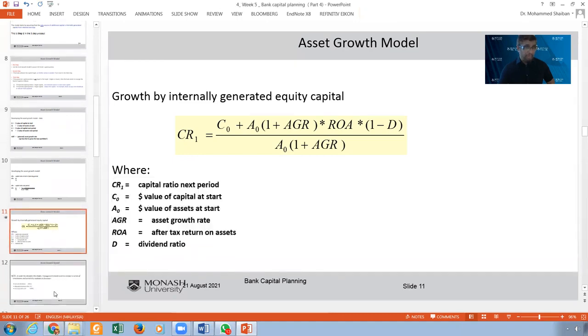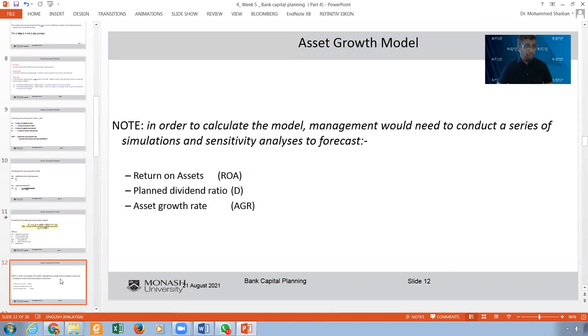And I can give you some numbers. We will go with the 3 steps which we talked about. Here, in order to calculate, of course, management would need to conduct a series of simulations and sensitivity analysis, which means you have to follow those numbers. How much the ROA will be should be based on simulations and forecasting. Those numbers should be accurate. If you mess up in this one, your plan is actually not clear.